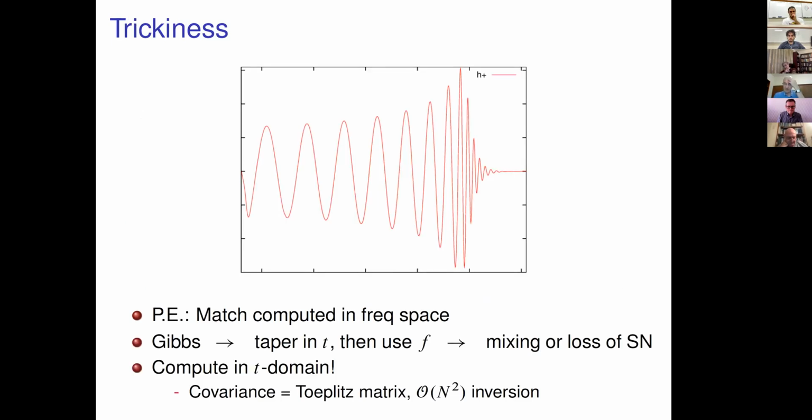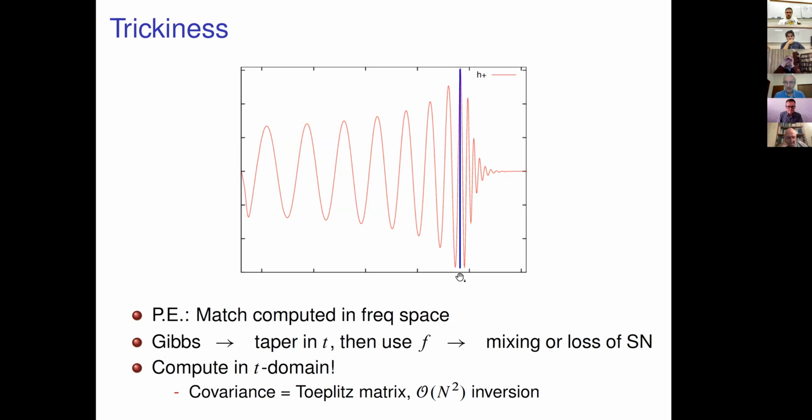Now there's some trickiness in doing this. People had actually played around with this a while back and failed to get any good bounds. And the reason is, this is H as a function of time.